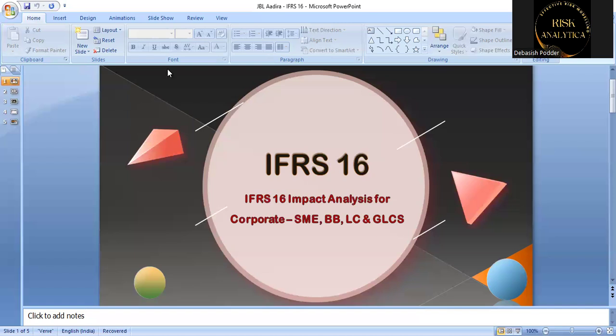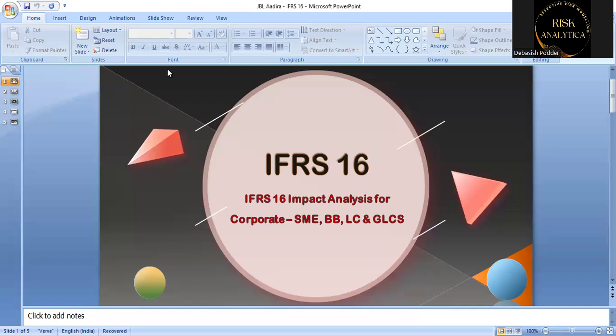So before IFRS 16 was implemented by the International Accounting Standards Board, all the entities preparing their annual report or financial statement used to keep this operating lease as part of an off-balance sheet item.